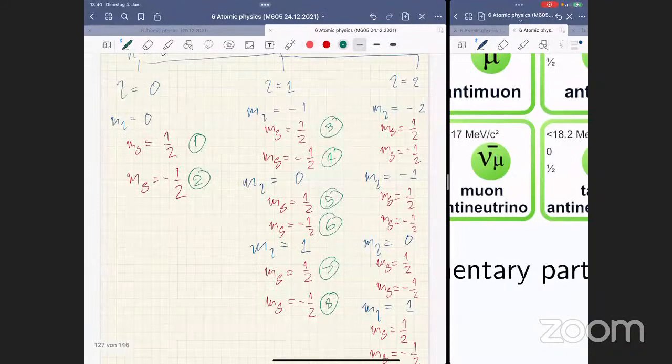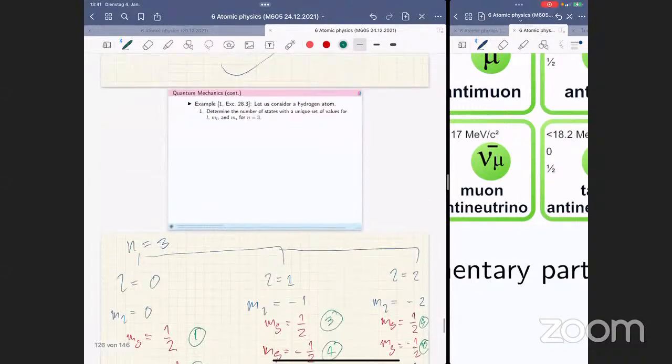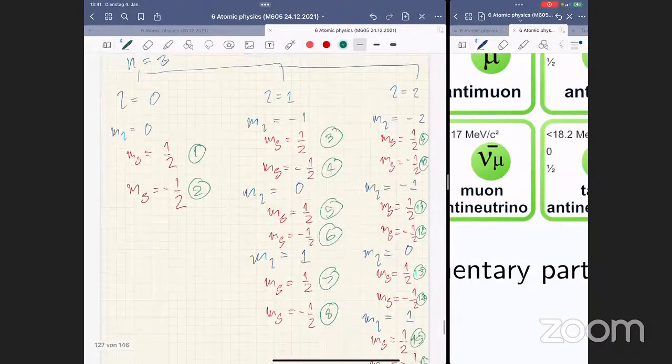And here we have the number 9 case, number 10, 11, and the 12th case, the 13th, 14th, 15th, 16th, 17th, and the 18th, the last one.